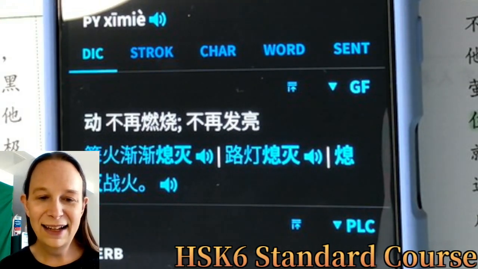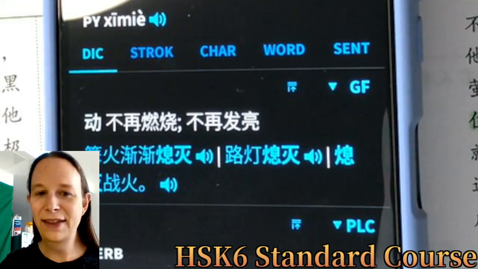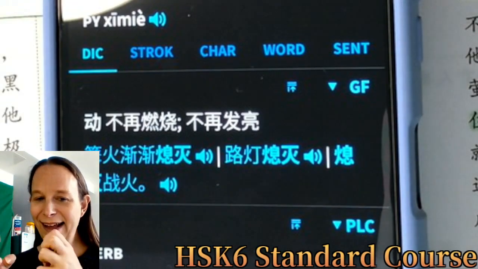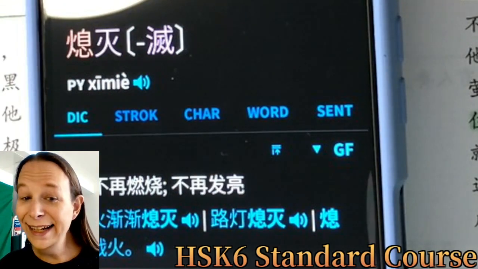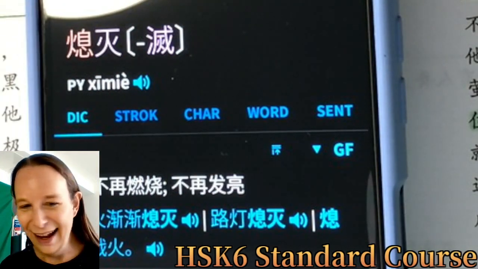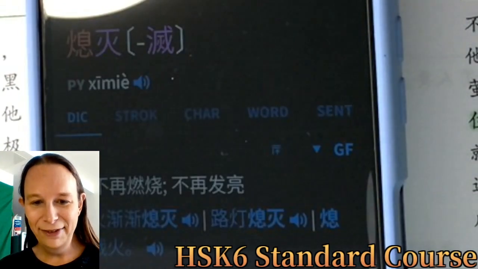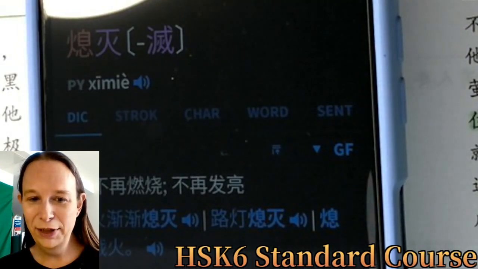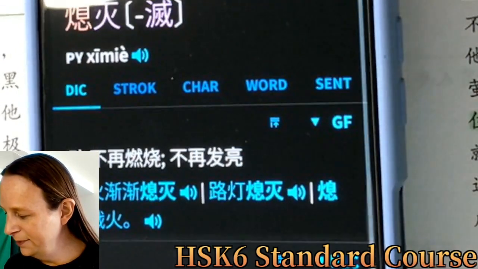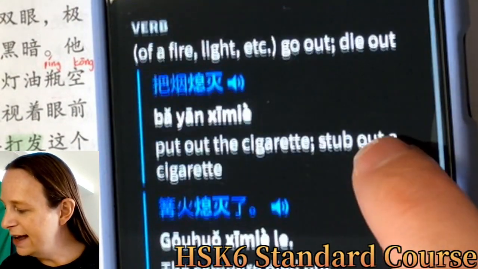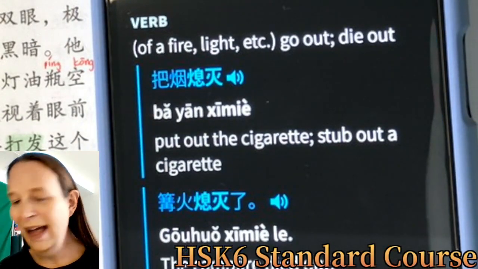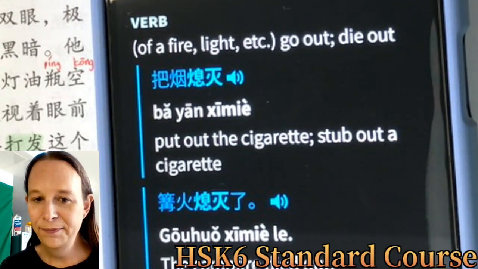Yeah, so you can cause something else to do that, but you can't just use it as a verb. Like, I can turn off a light, but I can't 熄灭 something. It's different. Like, in English, you can extinguish a fire, but the fire went out. Yeah, died out. 把燃熄灭. I caused it to die out.